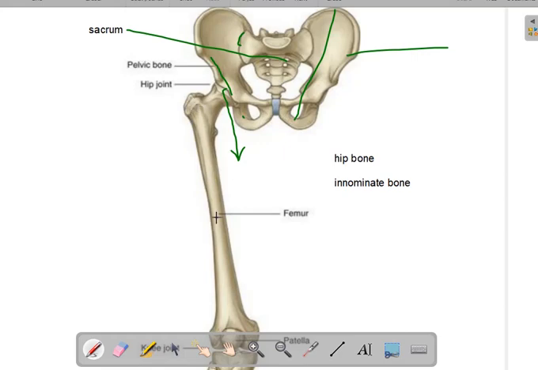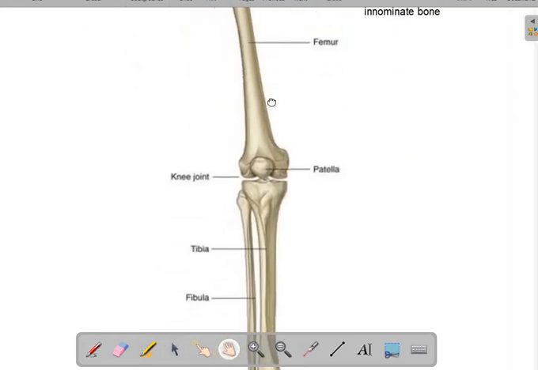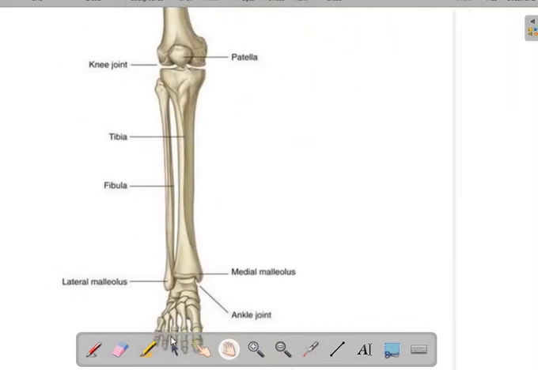This is the femur, which is the bone of the thigh. And here is the knee joint.